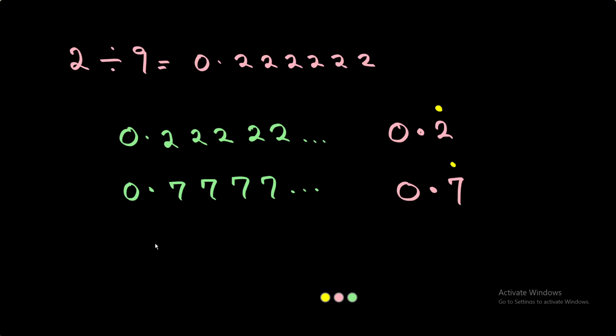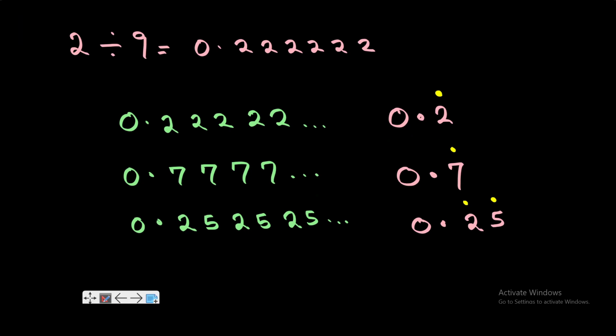Again, you might have seen a situation where you have a decimal like 0.252525. Now obviously you can see 2 digits here are recurring, so in short form you can write this as 0.25 with a dot on the first digit and the other digit. This means that the number 25 is recurring.